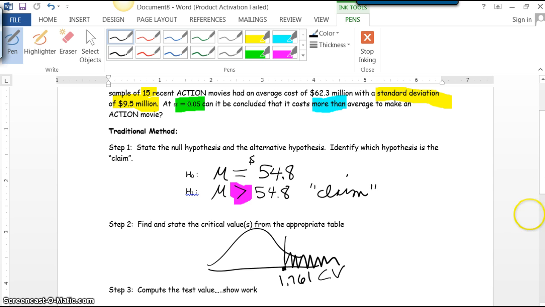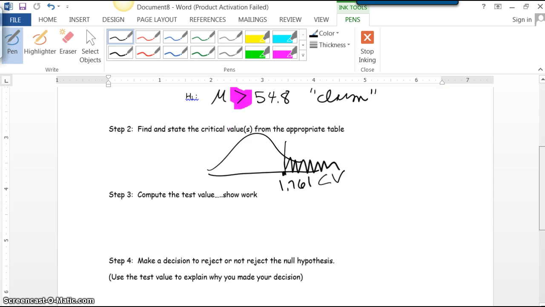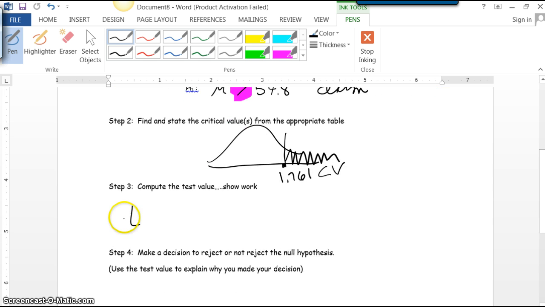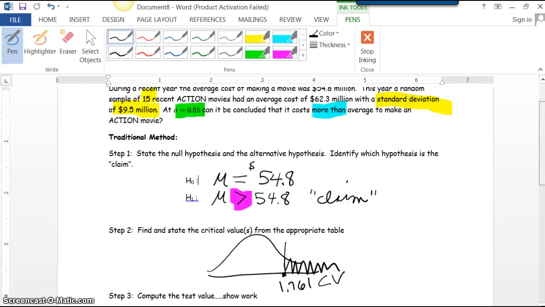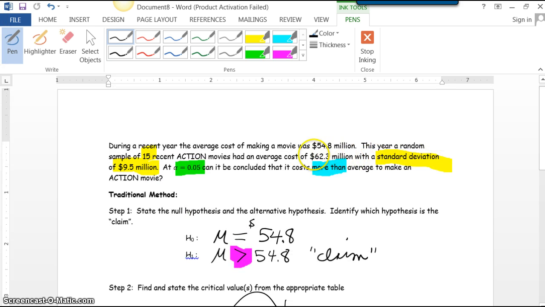Now we're going to calculate the test value. It will be a t-value, and it will be calculated by taking the sample mean right here, the 62.3, and subtracting away the hypothesized mean.